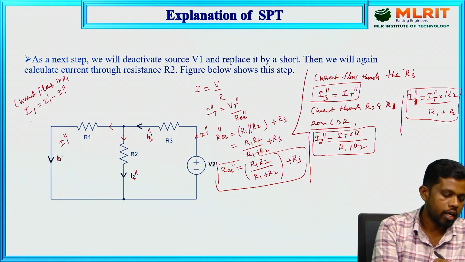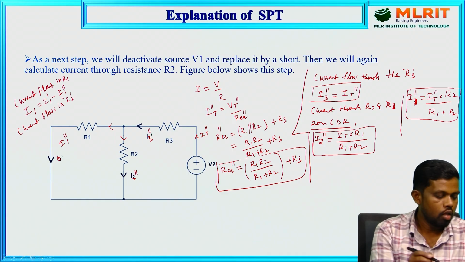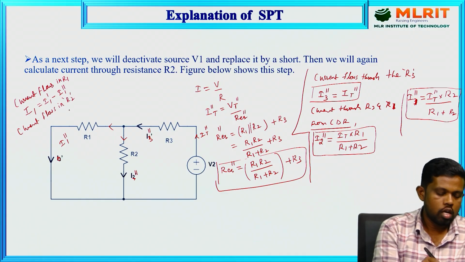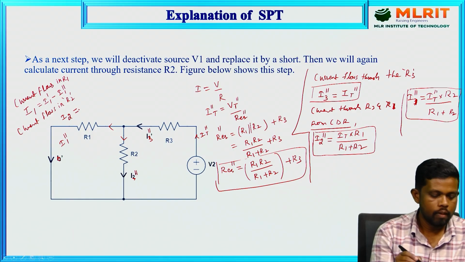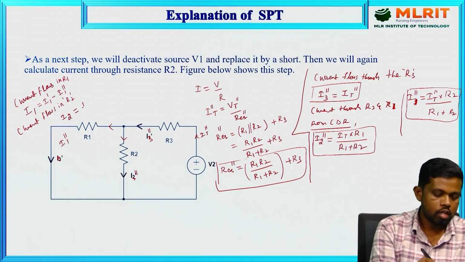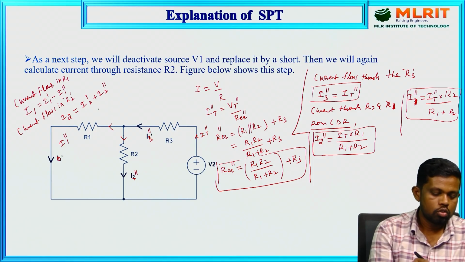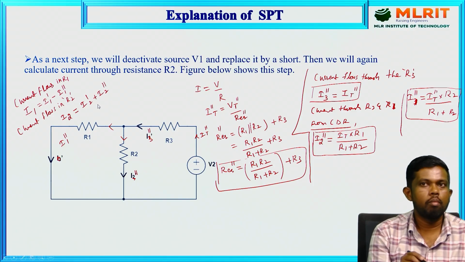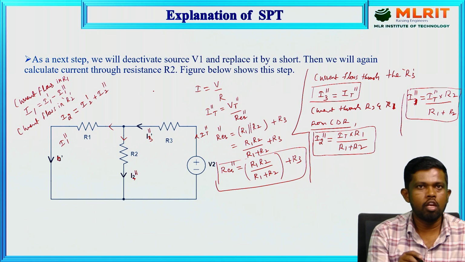Then coming to the second one, similarly, the current flowing through the R2 resistor, with the standard notation I2, equals I2 dash plus I2 double dash. This is the algebraic sum of the responses given by each and every independent source.